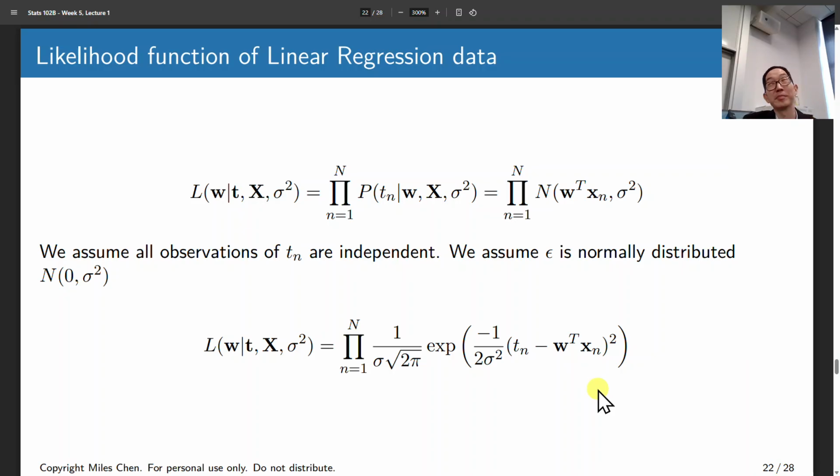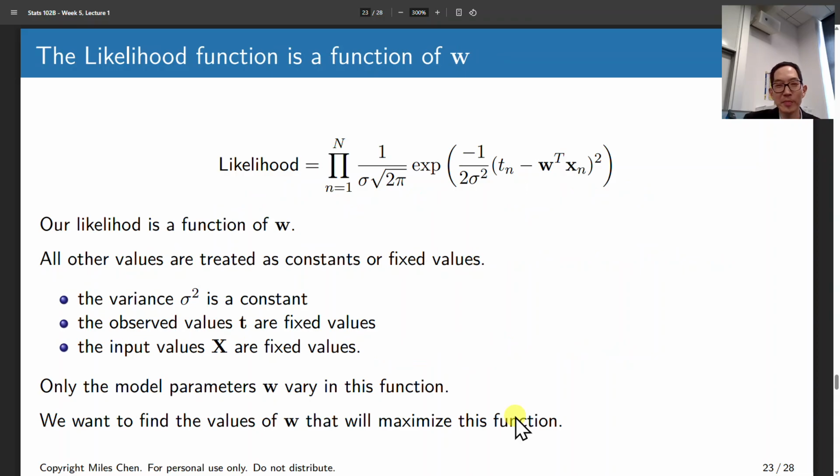At the start, minimizing a cost function and maximizing a likelihood, we have different objectives. Here we're trying to maximize the likelihood. The key is to remember that in our likelihood function, we are treating the observed values of t as fixed and our input values x as fixed, and the value sigma is a constant.